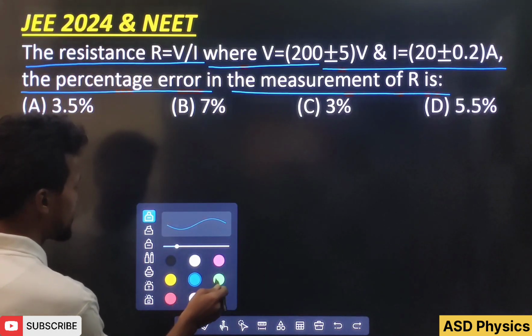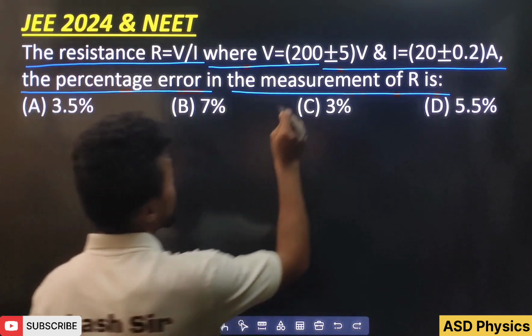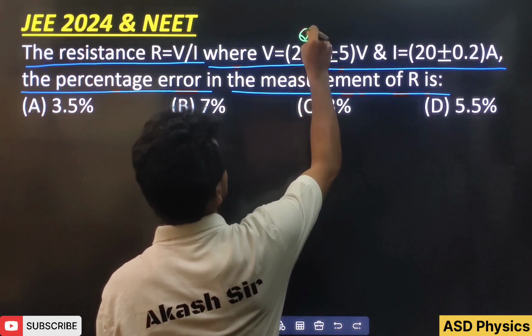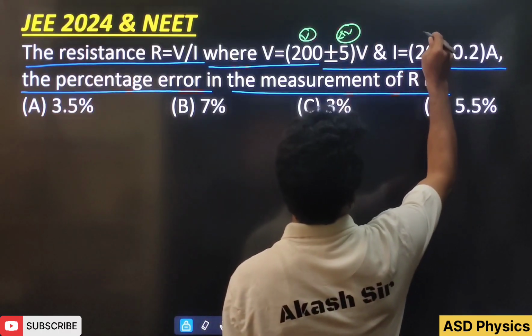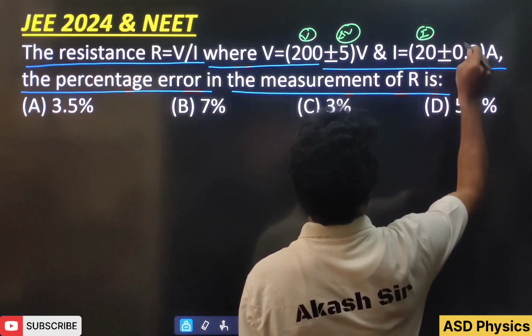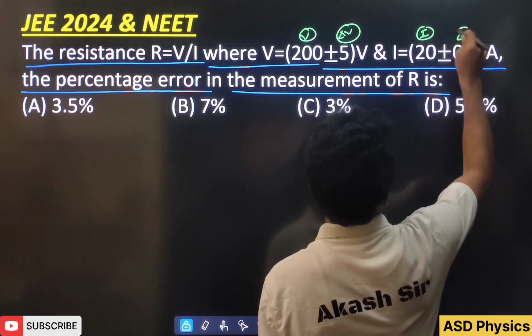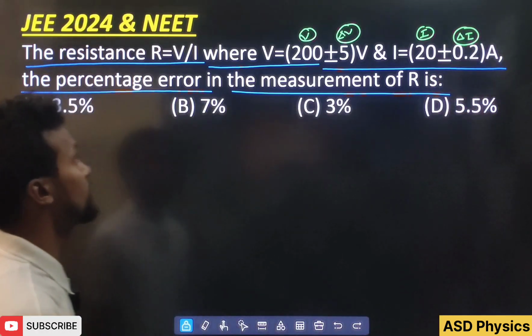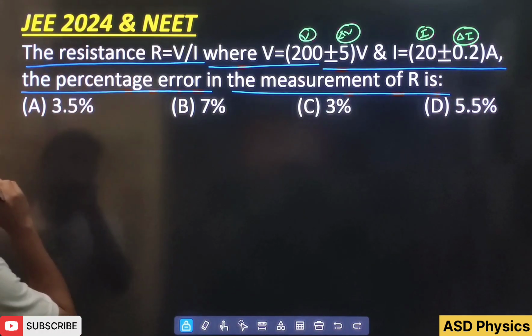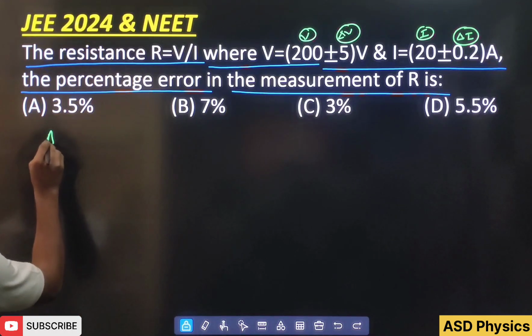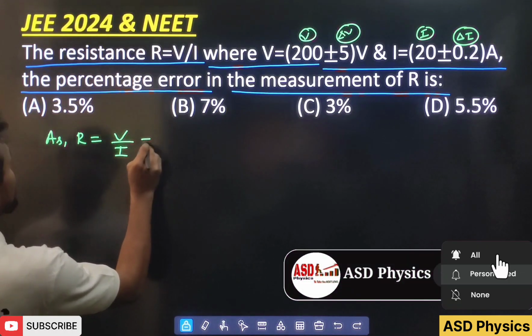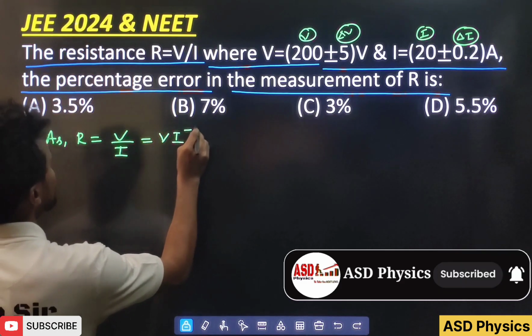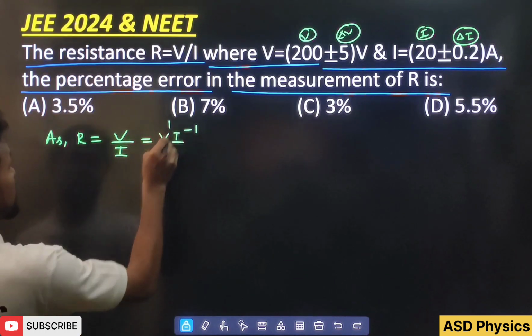Remember that here, 200 is the V, 5 is the delta V, similarly 20 is the I, and 0.2 is the delta I. You have to remember this. Now if I write the expression R equals V by I, you may also think of it as V I inverse, with power 1.